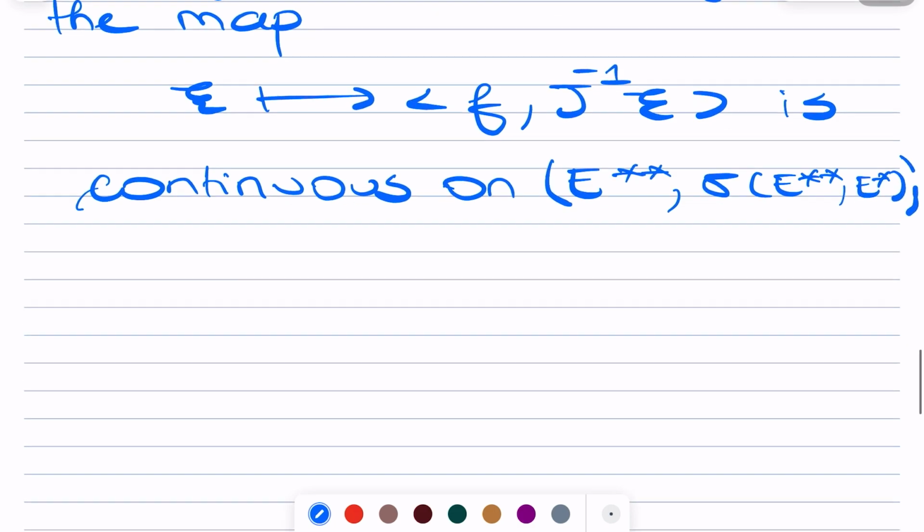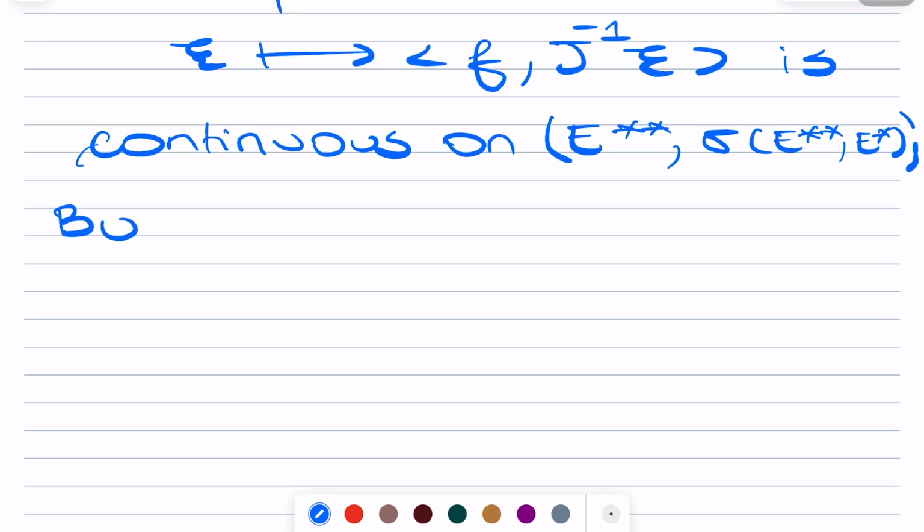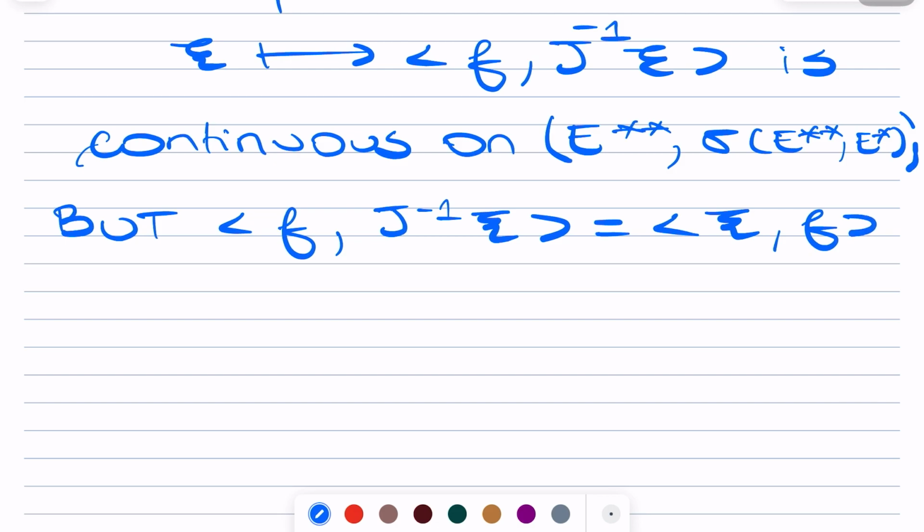So, but this map here, this dual pairing, by definition is equal to the dual pairing of xi and f, right?